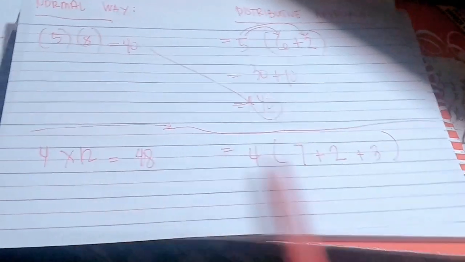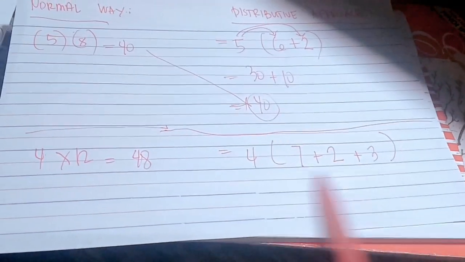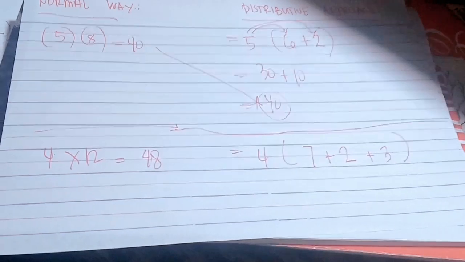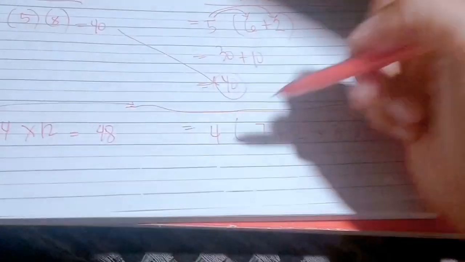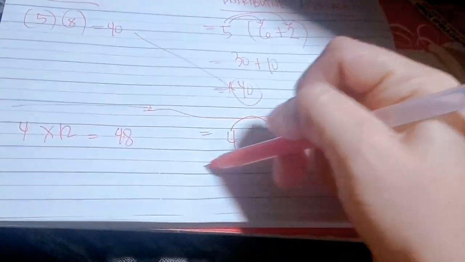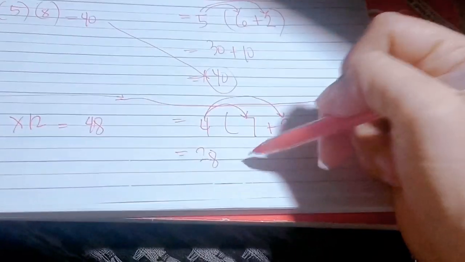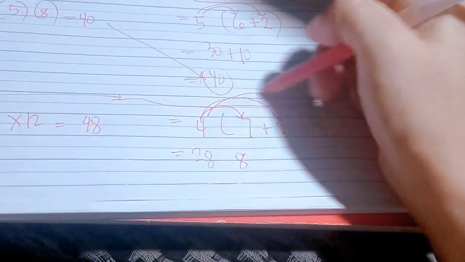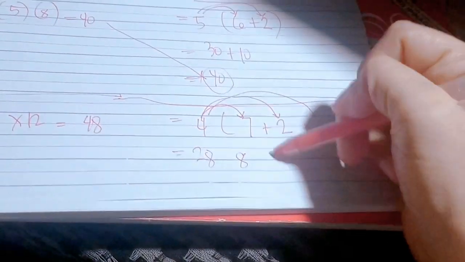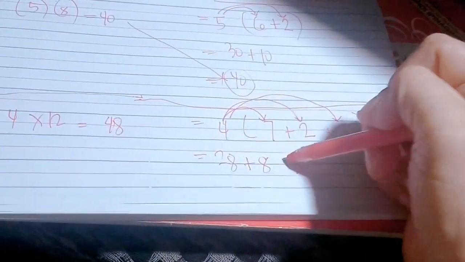So, ito siya. Breakdown natin into smaller digits. So, saka natin i-distribute. So, 4 times 7 is 28. 4 times 2, 8. 4 times 3, 12. Then, ipa-plus natin.